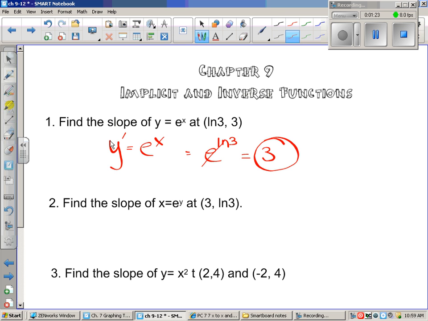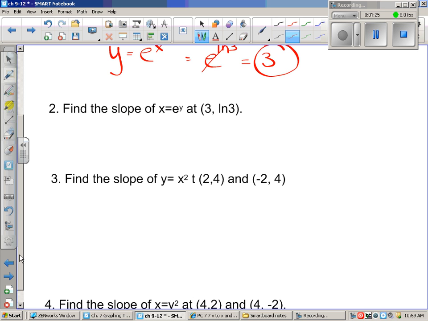Easy, right? All right. How about if I asked you instead to find the slope of x equals e to the y? A little bit different now, because your thought is to do the derivative, right? Here's the thing we need to know about slope, though. Think back to 9th grade, 8th grade, 7th grade for some of you.